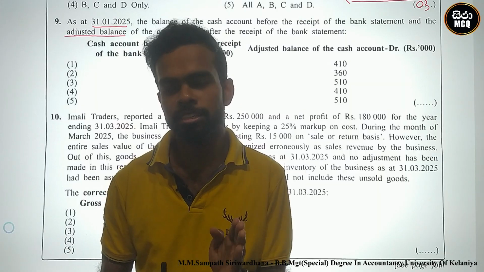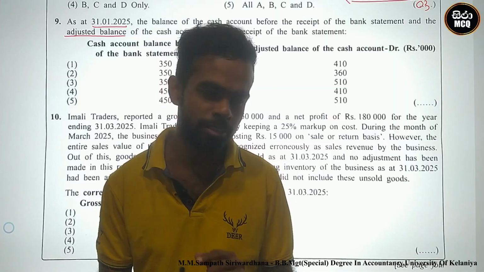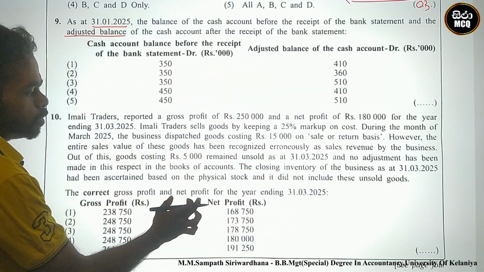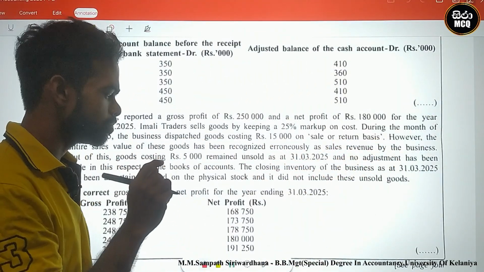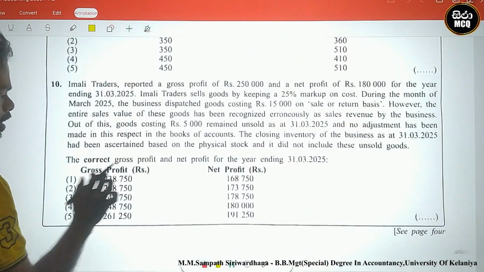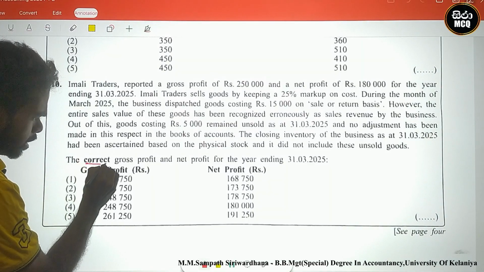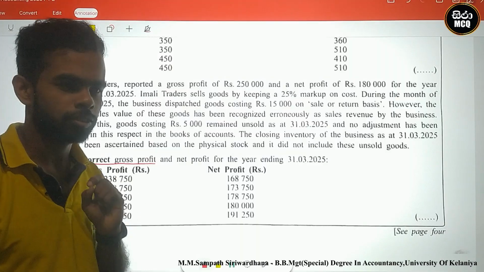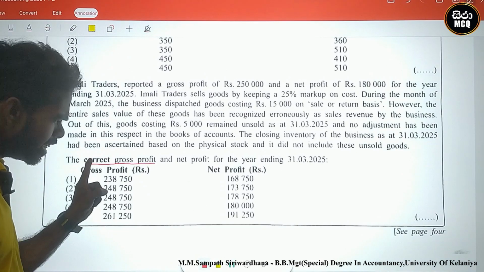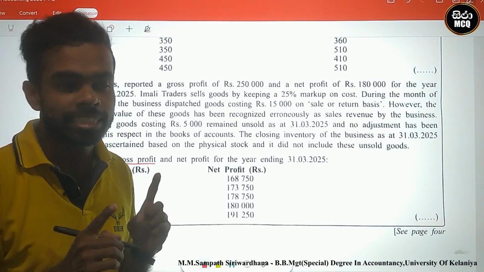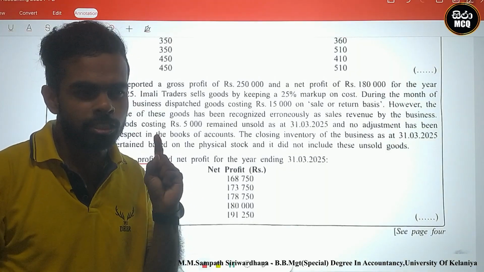Today we discuss the Advanced Level accounting paper 2025, question number 10. There is one question, but they request two identifications. What are the requirements? The correct gross profit. They have already calculated an incorrect gross profit.